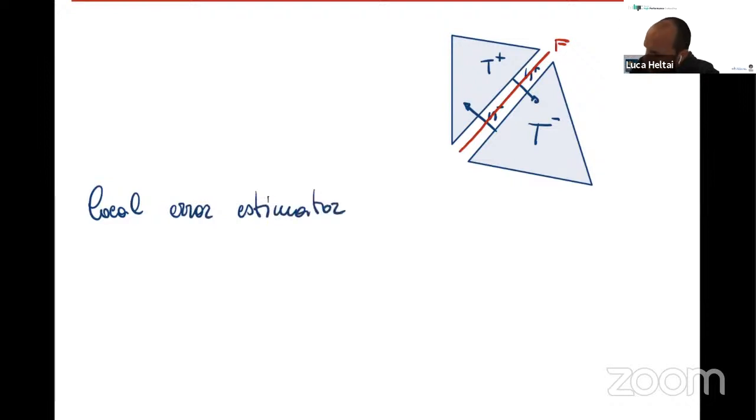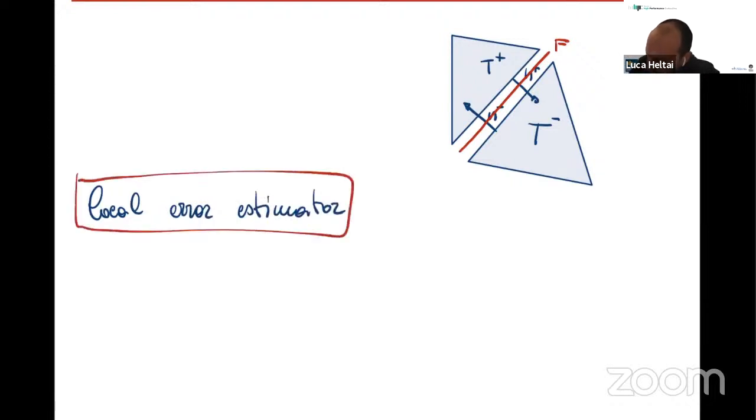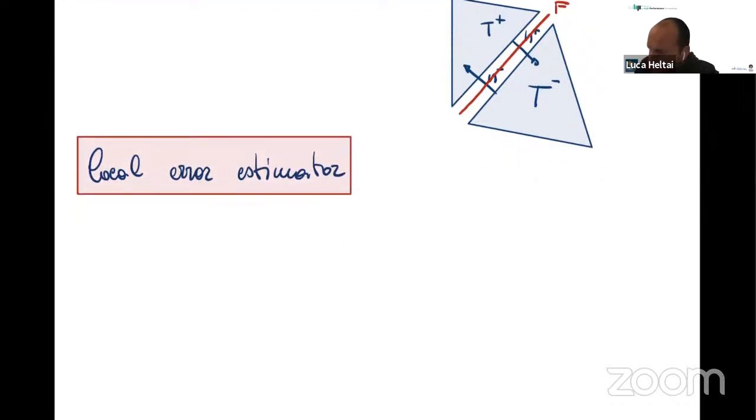The local error estimator that we defined, we gave it a name, e_K or eta_K according to the notations, or eta_T. So let me just use eta_T in this lecture today.